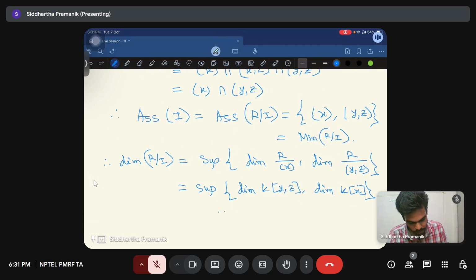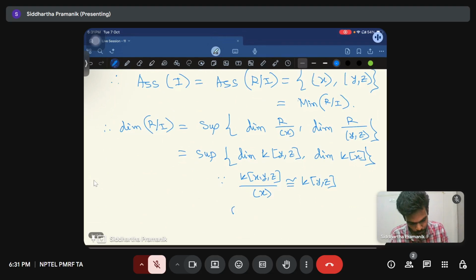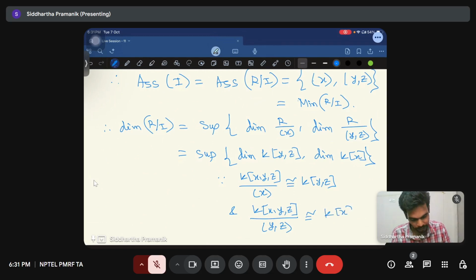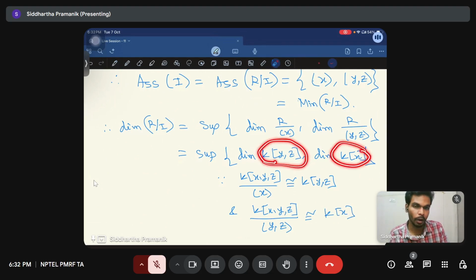This is because K[x, y, z] modulo the ideal (x) is basically isomorphic with K[y, z]. This is very well known. And similarly, the second one, K[x, y, z] modulo the ideal (y, z) is isomorphic with K[x]. So this is a polynomial ring in two variables, and this is a polynomial ring in one variable. And we already know how to compute the dimension of polynomial rings.